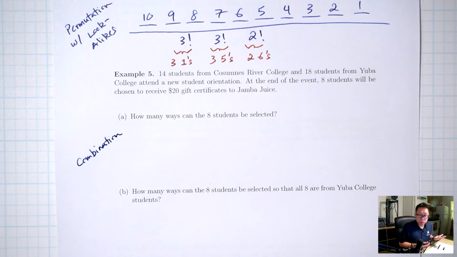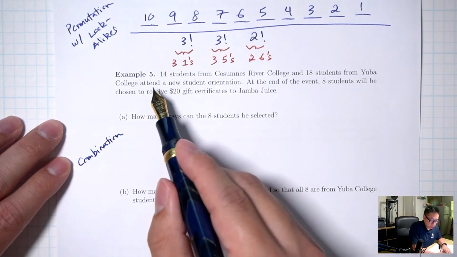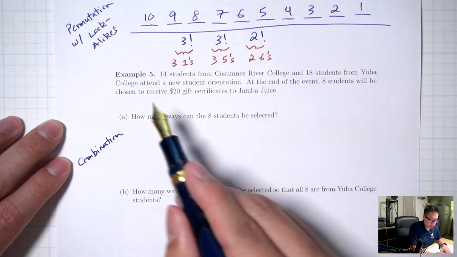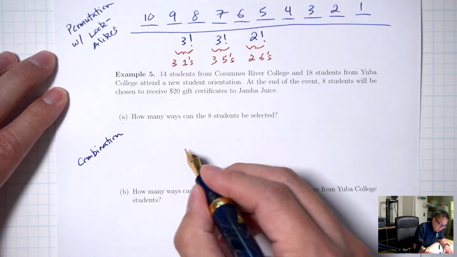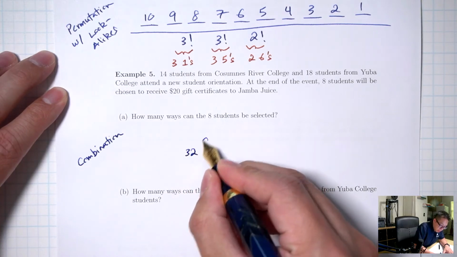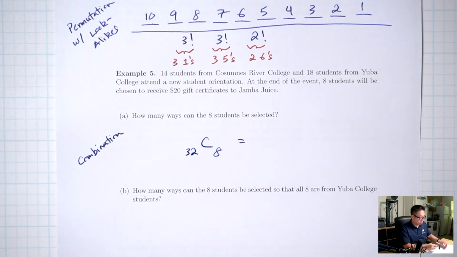How many students total do I have to choose from? There's 14 students from CRC, 18 students from Yuba, for a total of, what's 14 plus 18? So 32 students total. And I'm choosing 8. All right, let's go to your calculator.